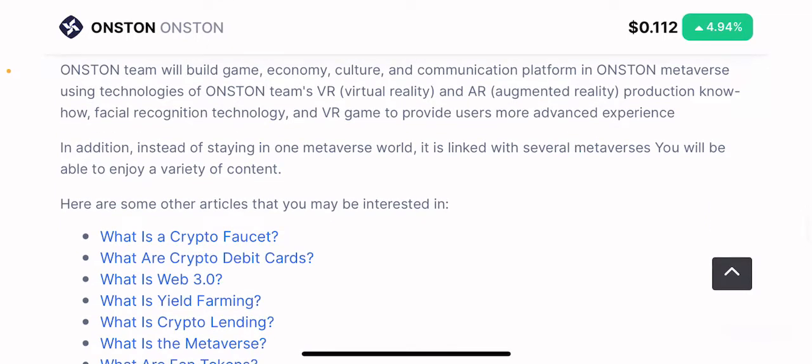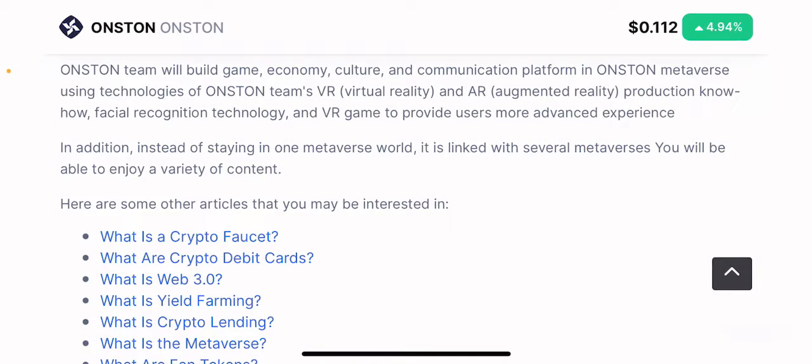Onston team will build game economy, culture and communication platform in Onston Metaverse using technologies of Onston team's VR (virtual reality) and AR (augmented reality), production know-how, facial recognition technology and VR game to provide users more advanced experience.